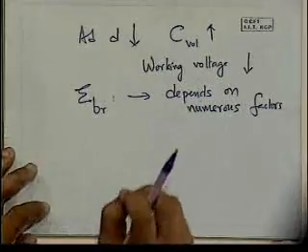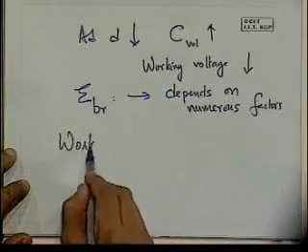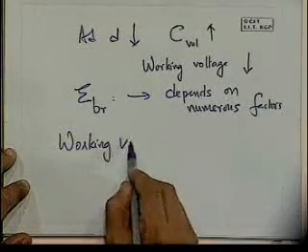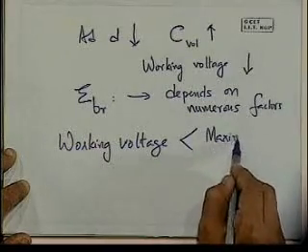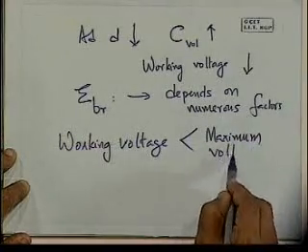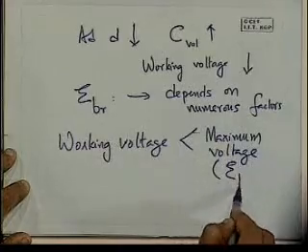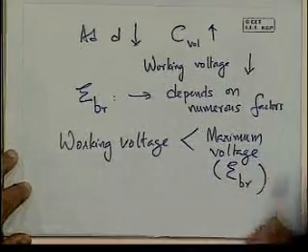I want to operate within a safe limit. So even though I know that I can intrinsically sustain a higher value of voltage, my working voltage will be chosen to be lower than the maximum voltage that can be sustained, related to this EBR term, EBRD.